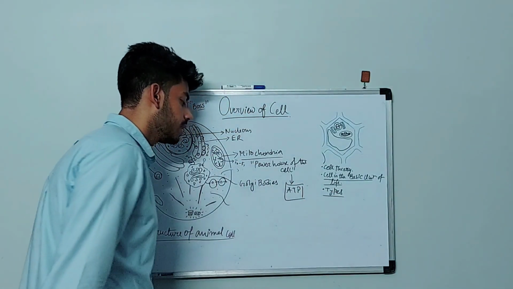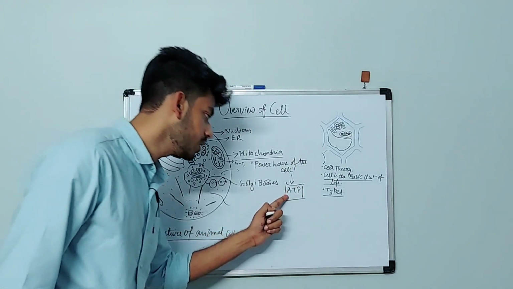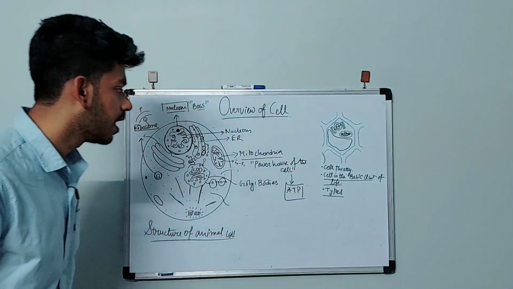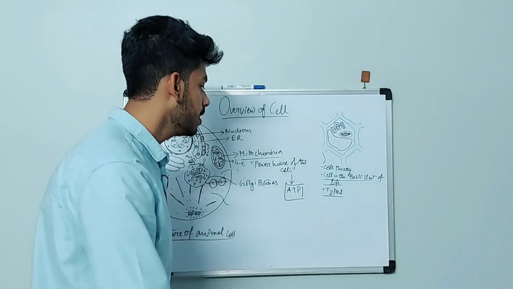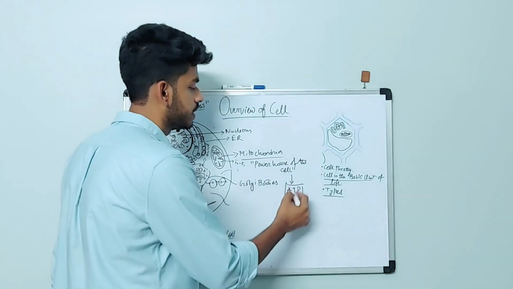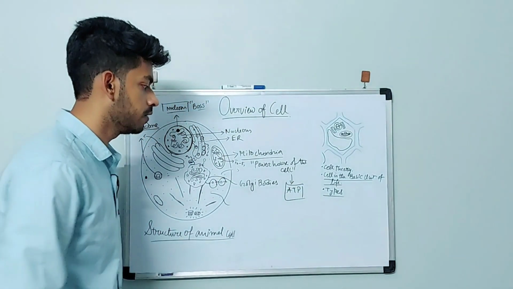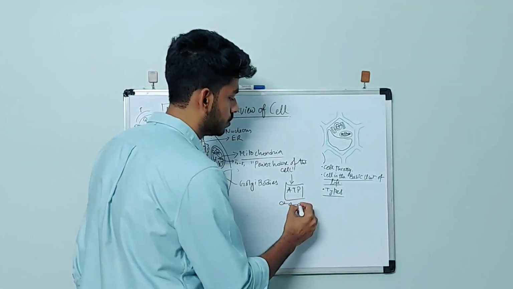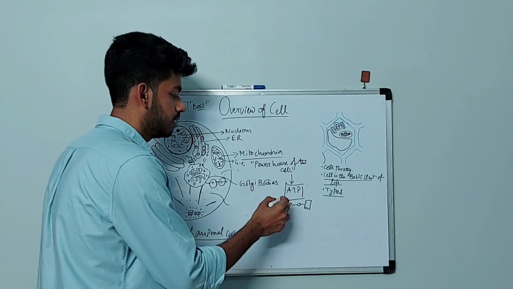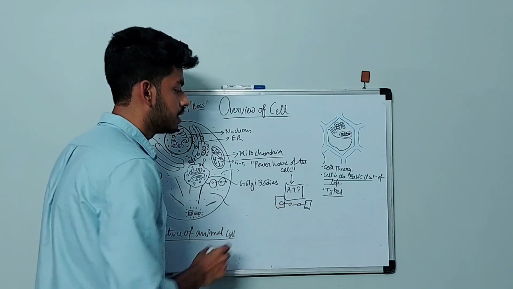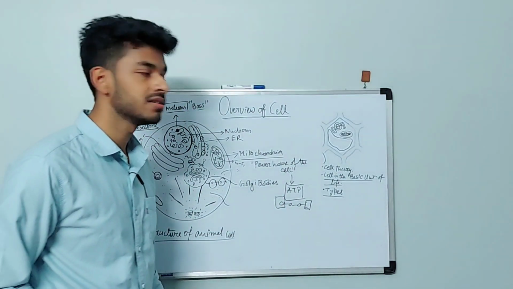What is the full form of ATP? ATP is adenosine triphosphate. So how does this ATP generate power for our body? There are three phosphates in this ATP. 1 phosphate, 2 phosphate, 1, 2, 3 phosphate, and this is the adenosine. So when the phosphate is broken here, it yields a lot of energy.